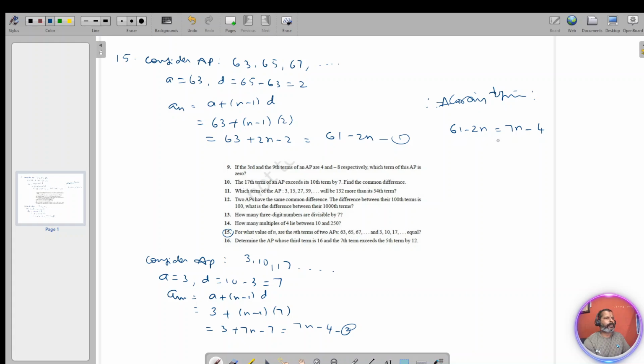Properly we calculate. So, 2N I'll transfer to the right side, and on the left side I'll take 4. That is 61 plus 4, 65, is equal to 7 plus 2, 9.